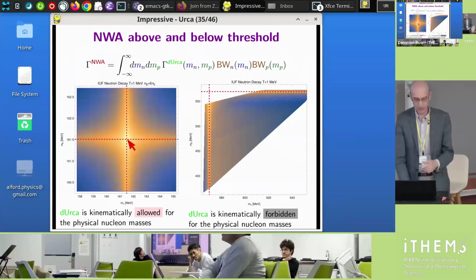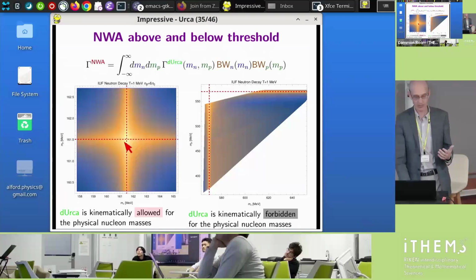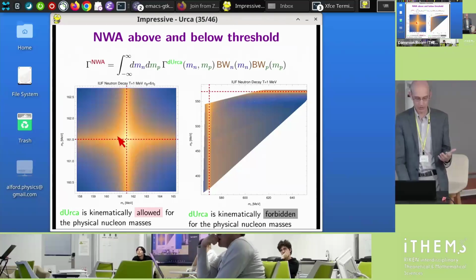These Breit-Wigner functions smear it out a bit, but basically you've just got a smeared out version of what previously was a delta function, and so you're going to get about the same rate. It's just like a slight regularization of that delta function into a finite width distribution, but it's not very wide. You're at low temperature, and so you just get basically the same integral.